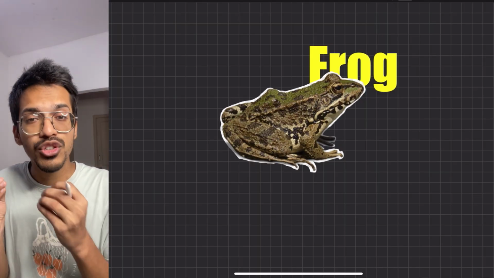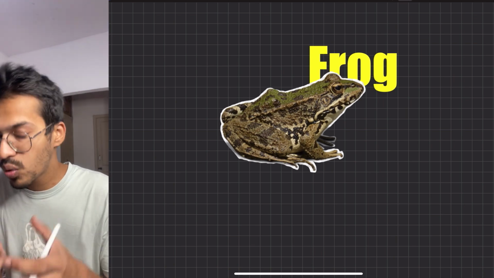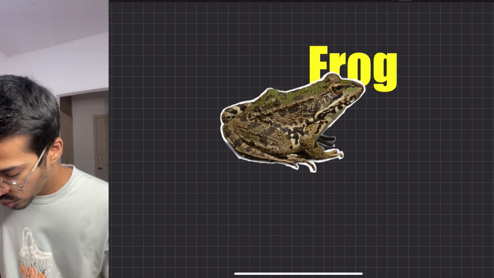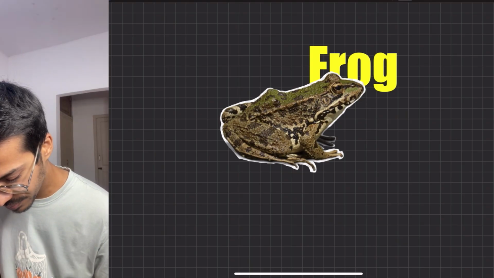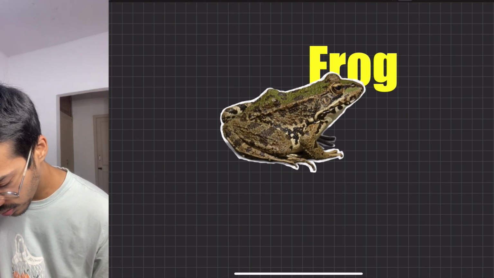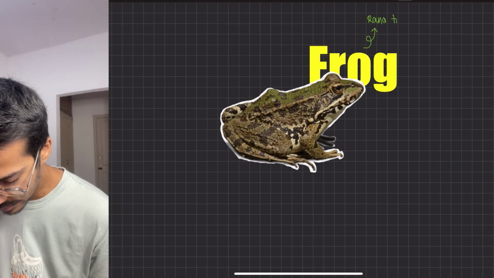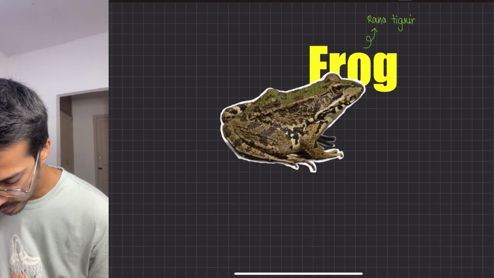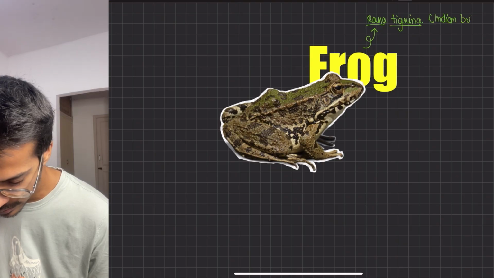The variety which is present in India is Rana tigrina, that is the Indian bullfrog. So the first pointer would be the scientific name, Rana tigrina, that is the Indian bullfrog.